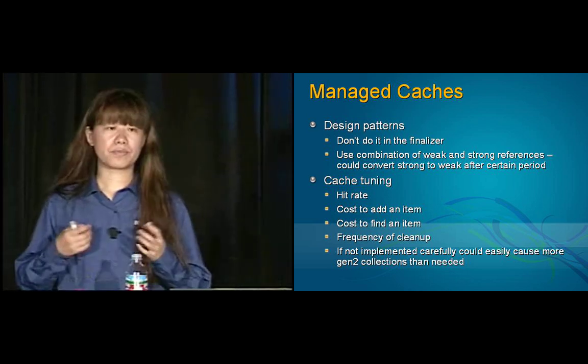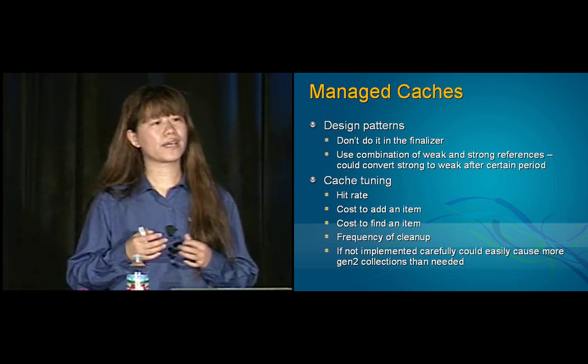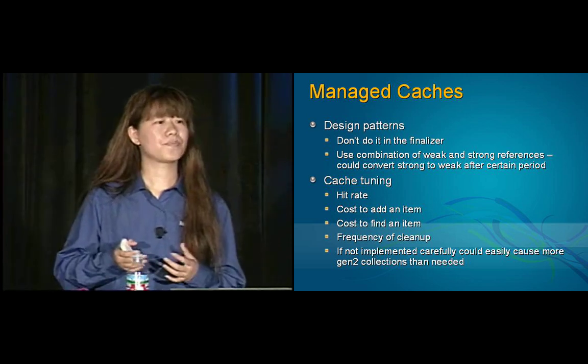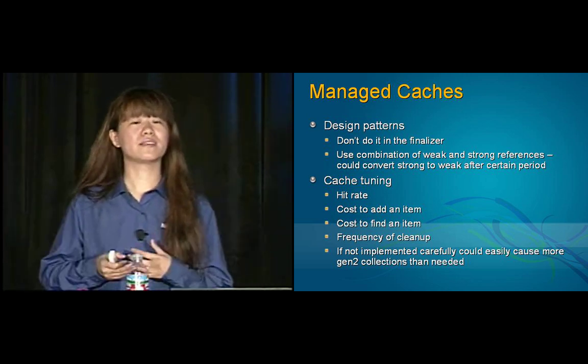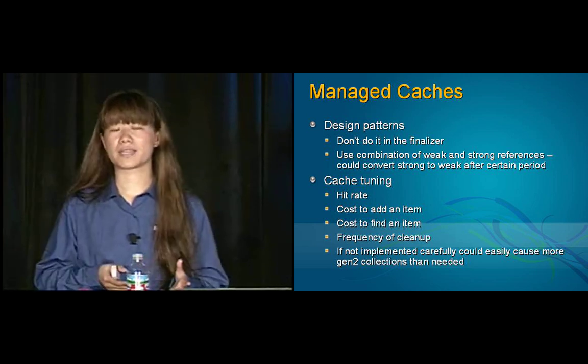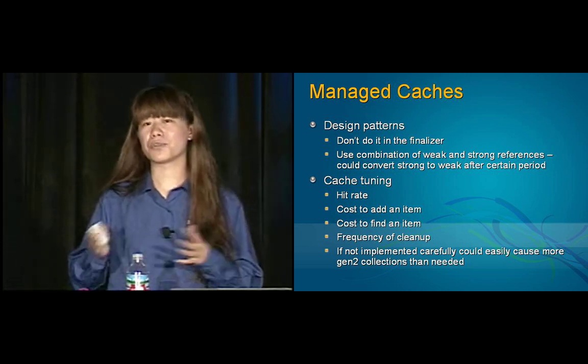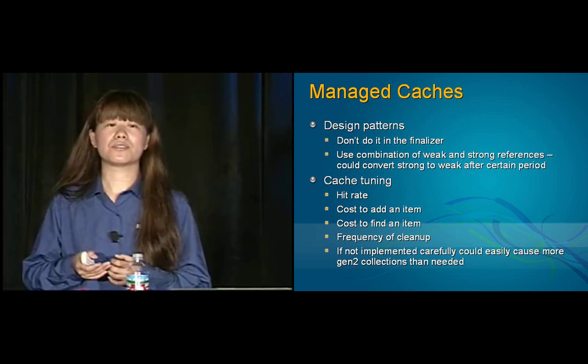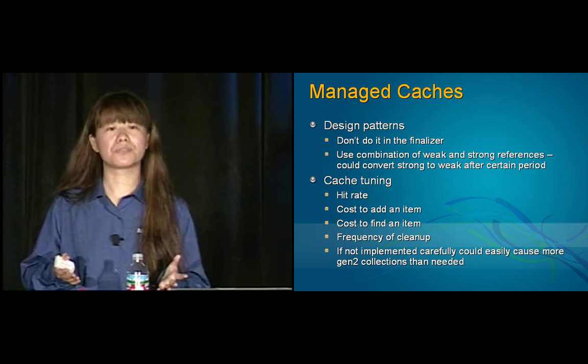So we would recommend you look at what the highest value items in this cache are. You want to hold on to them, and you want to achieve a balance between how often you clean up the cache and how often you replace and add items, so you don't do Gen 2 collections too often.